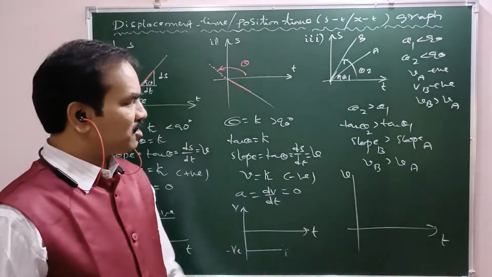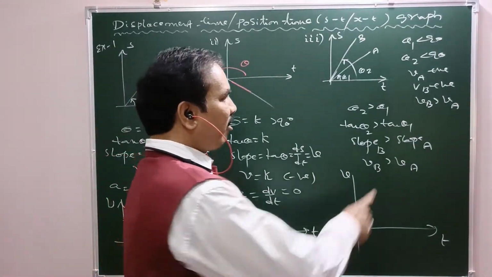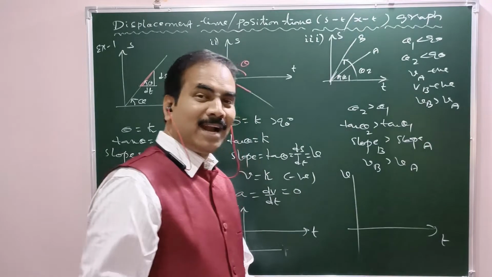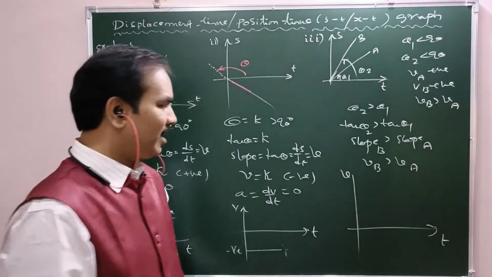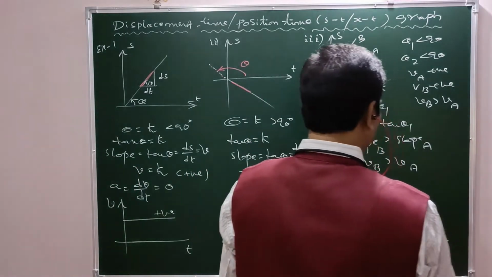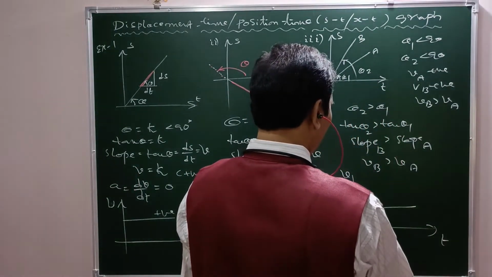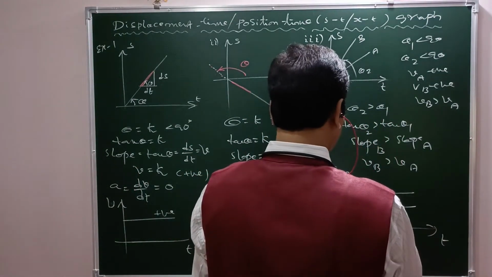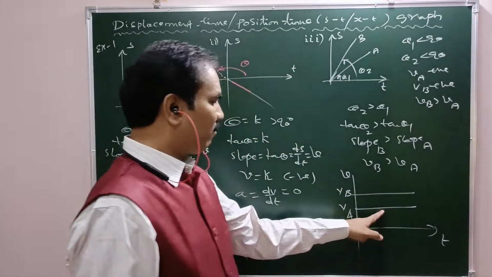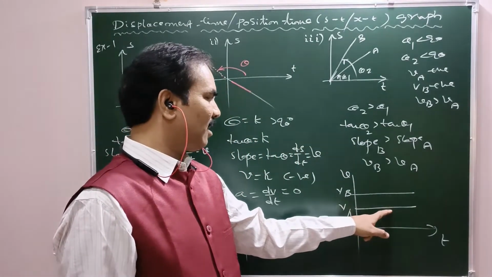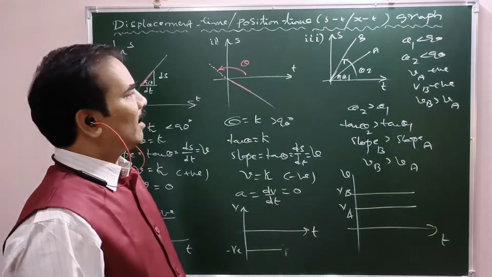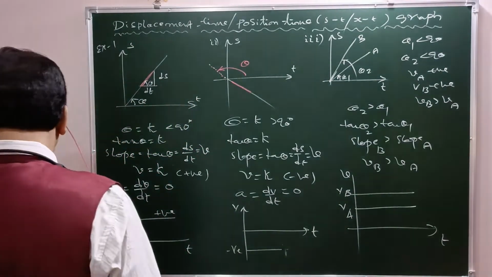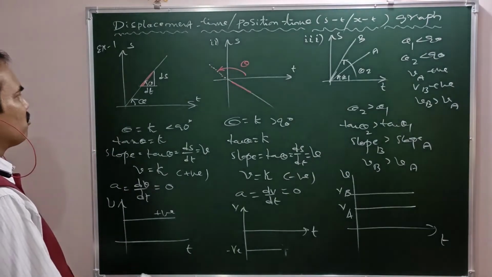Now compare the velocity versus time graphs. VB is greater than VA. Both VB and VA are positive fixed values, but VB is greater than VA. See, this is VA, this is VB, right? So for particle A, this is the graph. For particle B, this is the VT graph. Okay, right? Now let us see a few more examples.